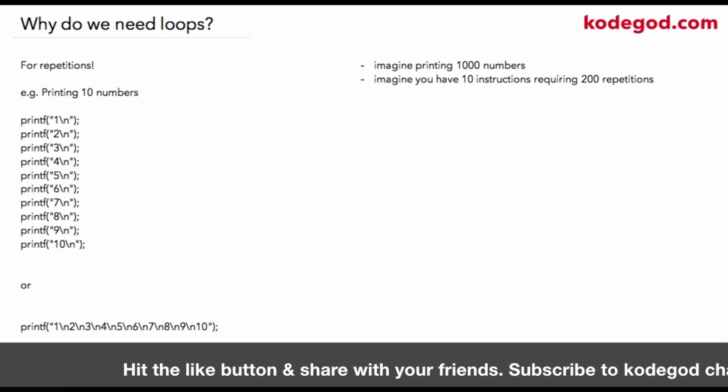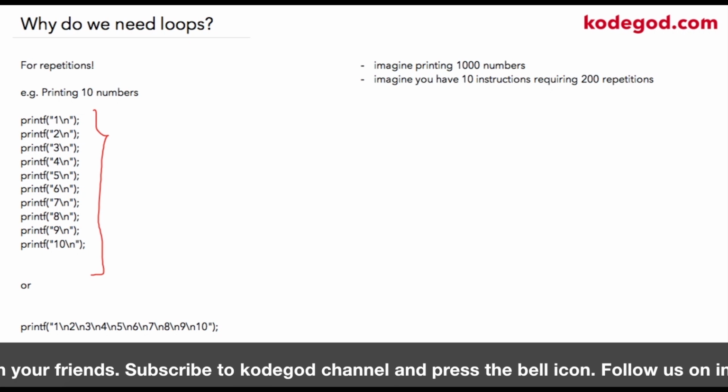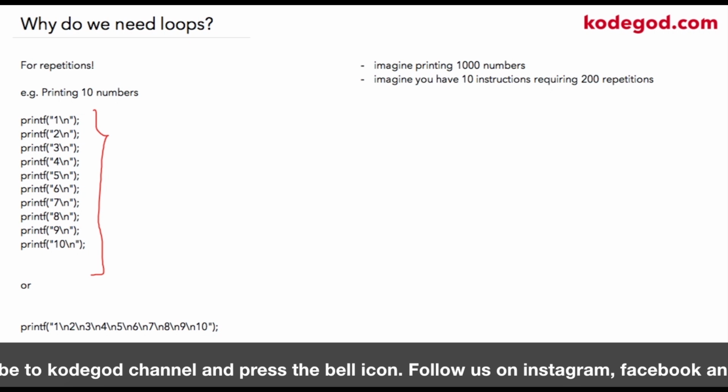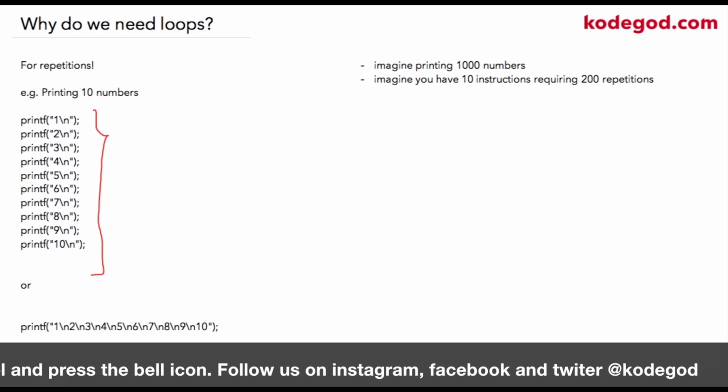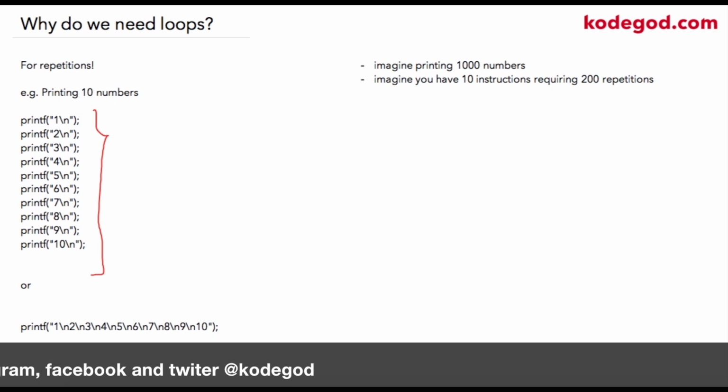Also, you can imagine having 10 instructions requiring 20 repetitions. In this case, we are just required to print a single number. But now, suppose there's a stepwise operation which has around 10 to 15 instructions in a single iteration, and we are going to require, let's say, 200 iterations like that.